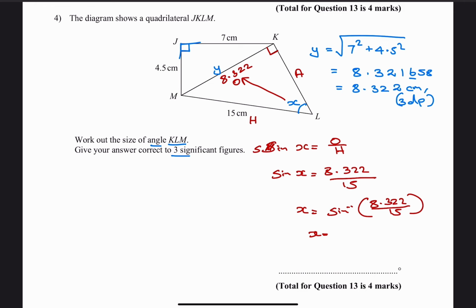And then instead of writing 8.322, I will press the answer key because obviously that would be the more accurate way of doing it. 15, and then my exact answer is 33.695372. I want 3 significant figures. You count from the beginning, 1, 2, 3. So you look at the fourth one and round it. 9 means round it up.